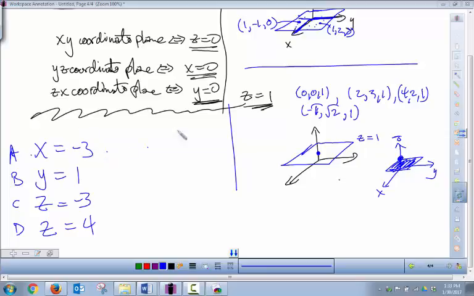Basically, these graphs are parallel to coordinate planes. That's what it really kind of boils down to, right? So, for example, this first one is parallel to the x equals 0 graph, which is the YZ coordinate plane.